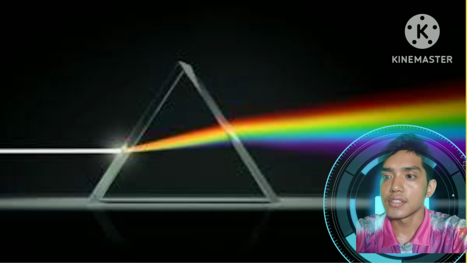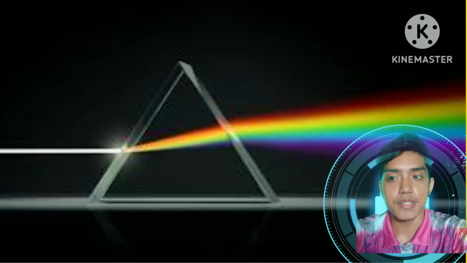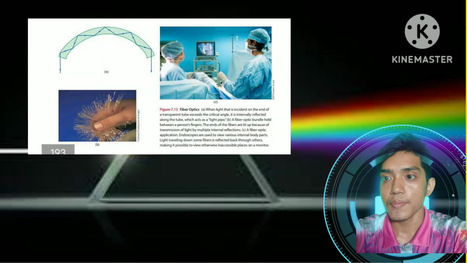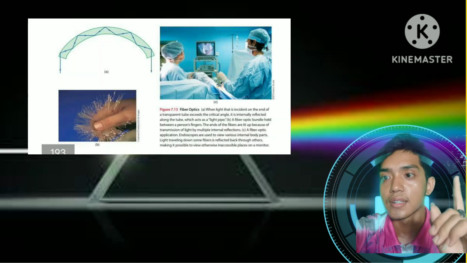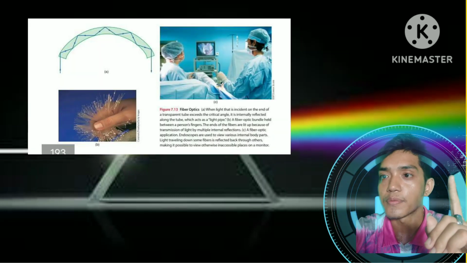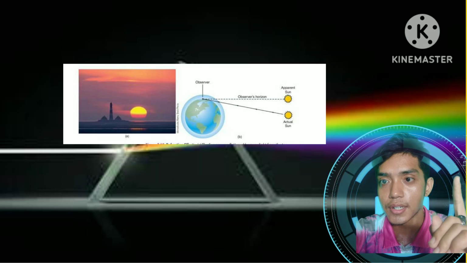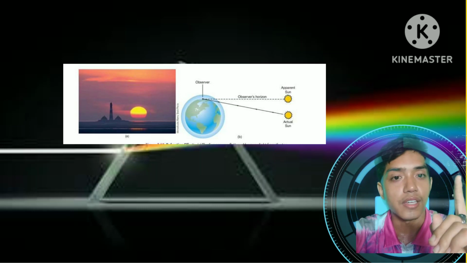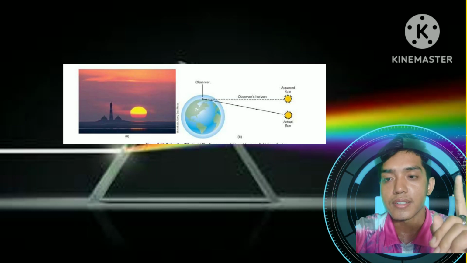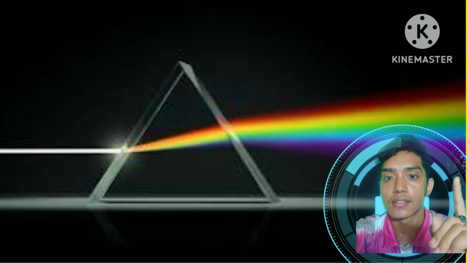Then other examples are optics and wave effects. Sunset: from the observer at the horizon, the apparent sun and then the actual sun.